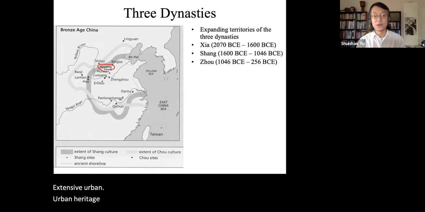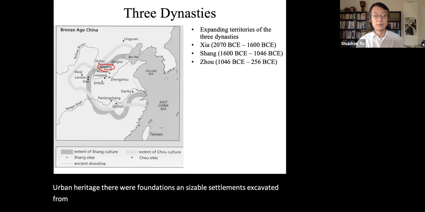There were foundations and sizable settlements excavated from those areas.